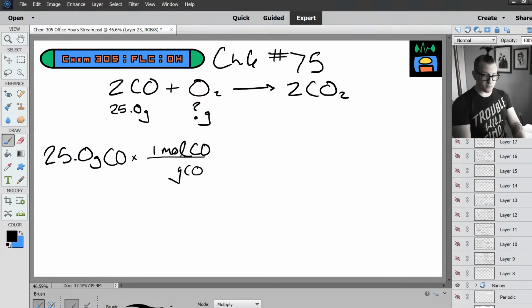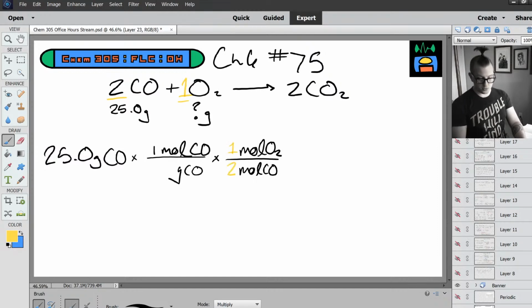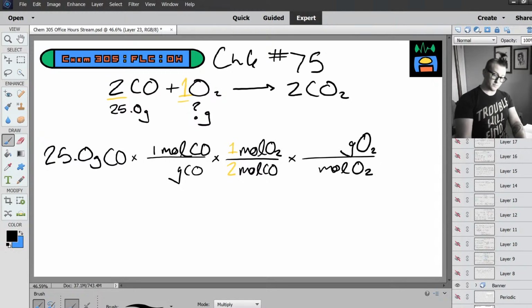Okay, so first step, we convert from grams of carbon monoxide to moles. Next step, we need to convert from moles of carbon monoxide to moles of O2, and here we pull this ratio out of the balanced chemical equation. 1 mole of O2 reacts with 2 moles of carbon monoxide. The final step is to convert moles of oxygen to grams.